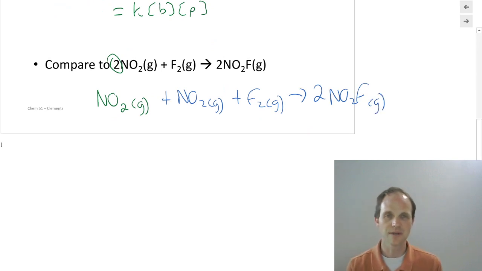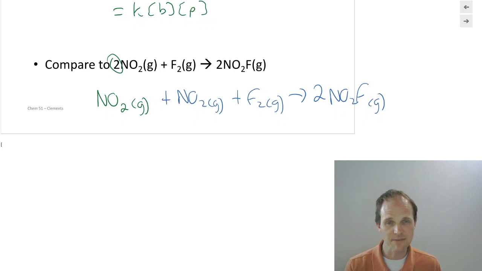And what we're going to say is, well, if we do that same logic we had up top, we said that our rate is going to be proportional to the different things that are in there. The reason I use two different colors is because there's two different NO2s that we're having to consider. We're considering the green NO2 and we're considering the blue NO2. And if we're saying these three things have to come together at the same time, then it's going to be dependent on how many green NO2s we have and how many blue NO2s we have.